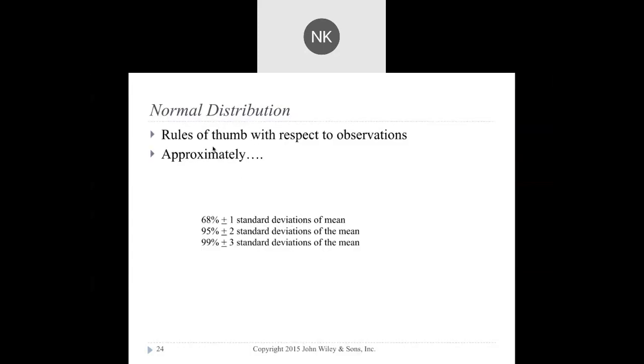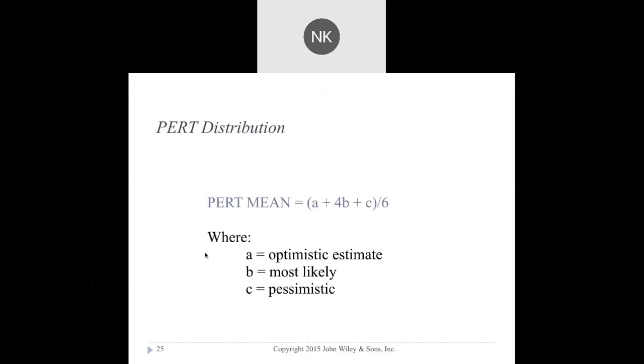Okay. Other than that, we can use the rule of thumb, with respect to observation, approximately 98% plus minus 1 standard deviation, 95%. This is the confidence level. Confidence level when you do the analysis just now, the analysis for the risk. Your confidence levels of data collection, either using 68%, 95% or 99%.